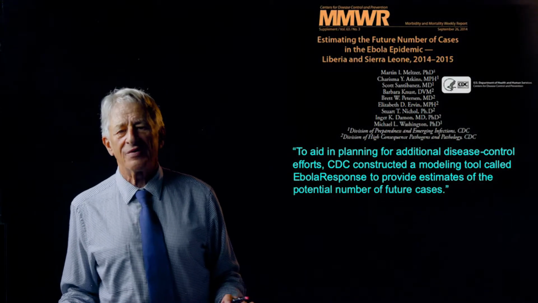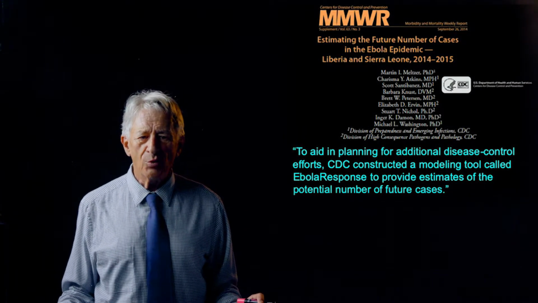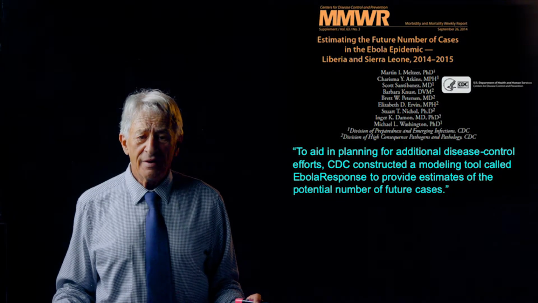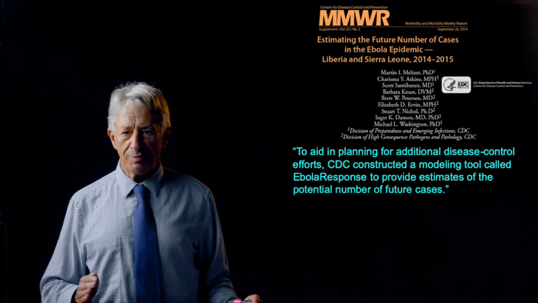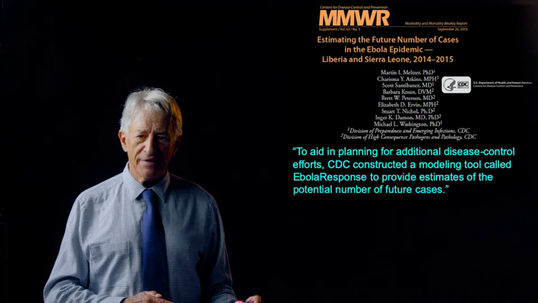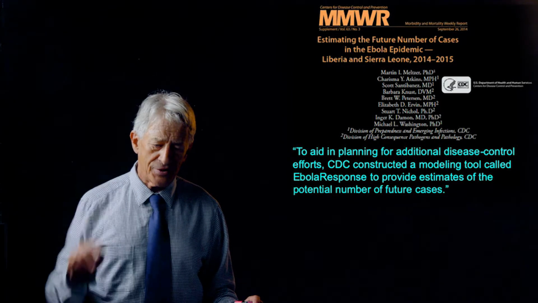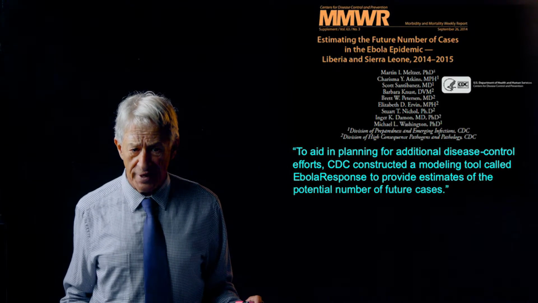So here is a paper that came out a couple of years ago from the CDC, from the Centers for Disease Control. MMWR is the Mortality and Morbidity Weekly Report. It is the CDC's weekly report to the president on the state of the nation's health and possible danger things to look out for.